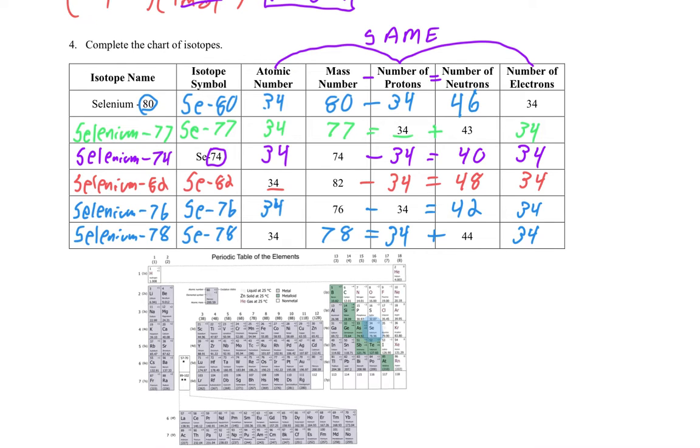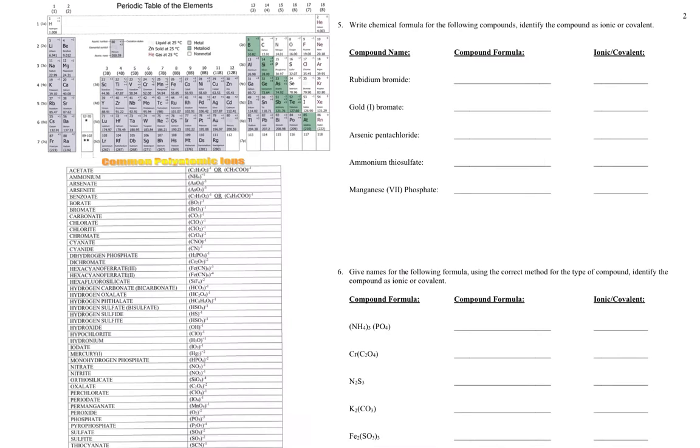All right, so that is page 1. Here on page 2, we are either writing the chemical formula for different compound names or writing the names for different compound formulas. We are going to start with the writing of the formulas. We also have to determine if they're ionic or covalent.